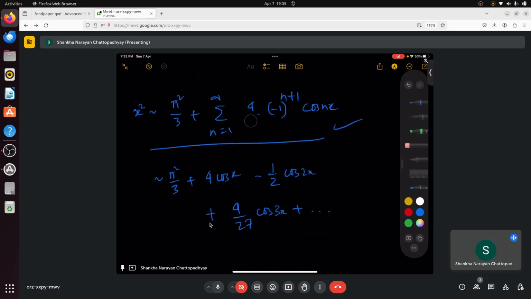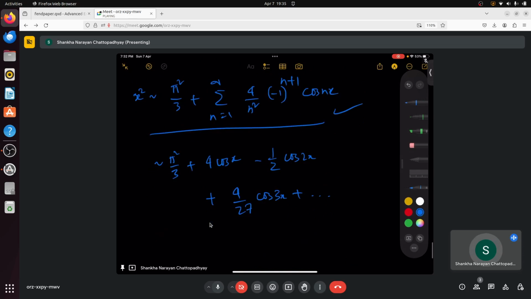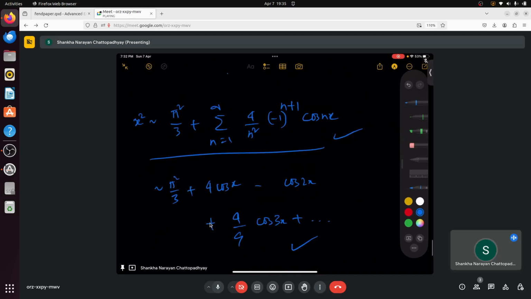So you can get 4 by n square cos nx. Now it is correct. Okay, so the answer is pi square by 3 plus the sum from n equals 1 to infinity of 4 by n square, minus 1 to the power n plus 1, cos nx.